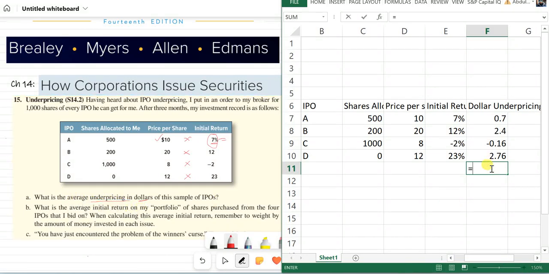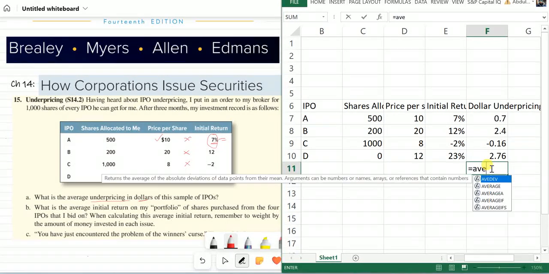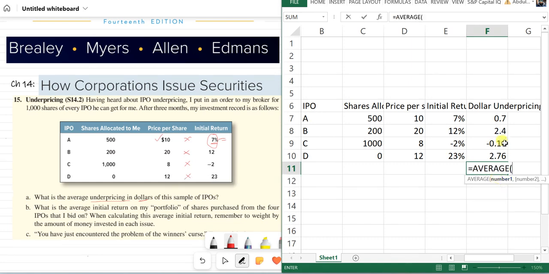To calculate the average, we add up A plus B plus C plus D and divide by 4, or we can just write the average formula here, and right here we have $1.42. So this is the average underpricing from all these IPOs. This is our first requirement.